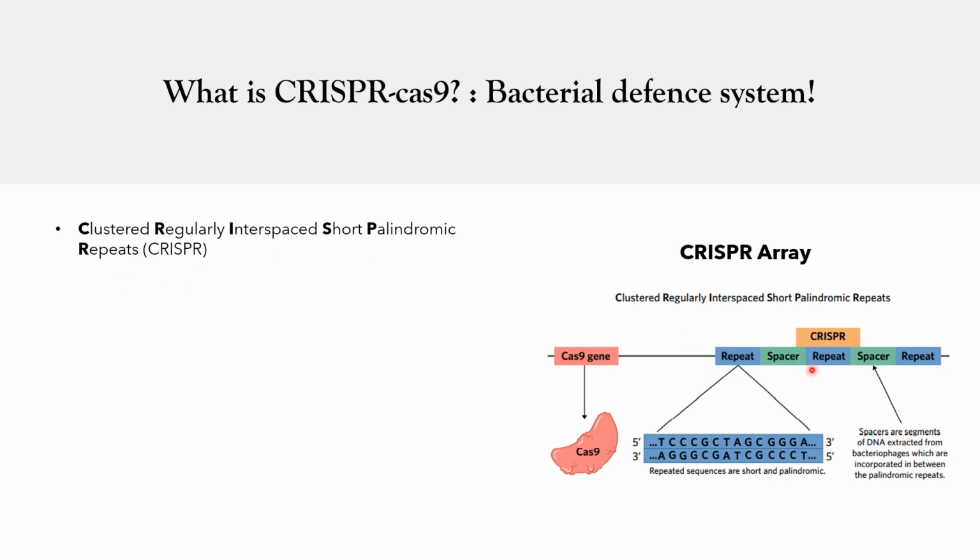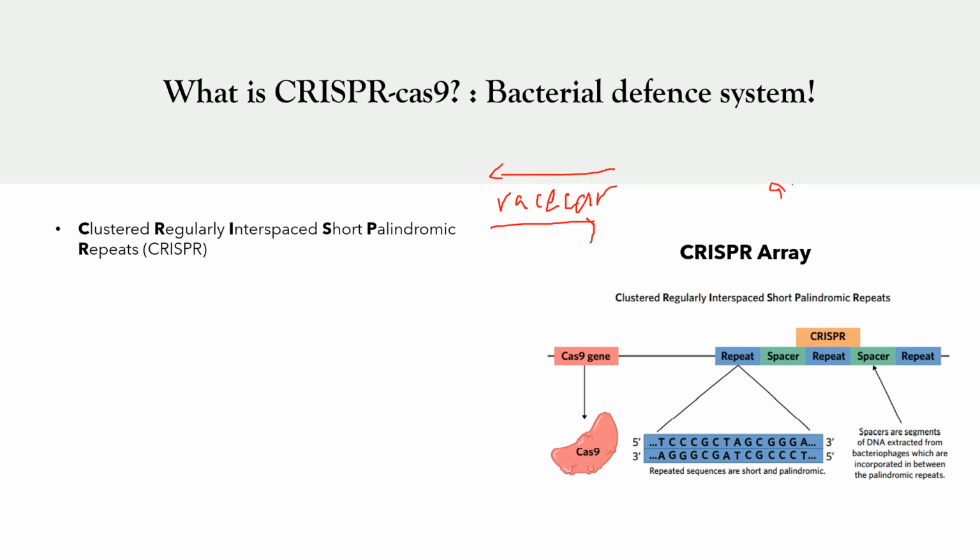So over here we have the repeats. They are short and they are palindromic, meaning that they are read the same forwards and they're read the same backwards. So a palindrome is something that is read the same forward and backwards. For example, the word racecar is read the same forward and backwards.